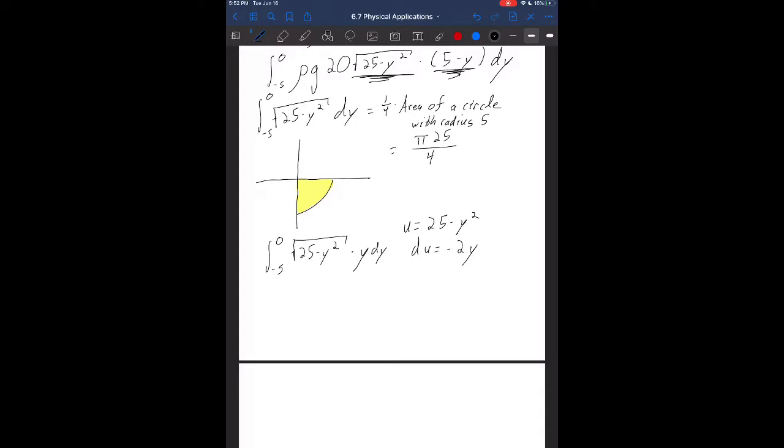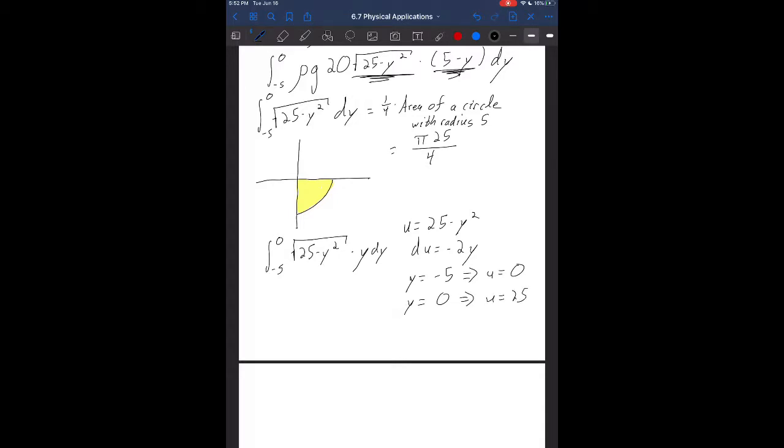And we also need to, not that we can, we have to change the bounds of the integral. So we have y of negative 5. Well, plugging in negative 5 squared will give us a 25, giving us a u value of 0, and a y of 0 will give us a u value of 25.